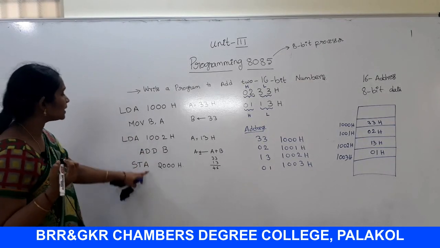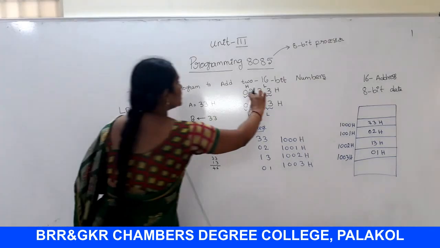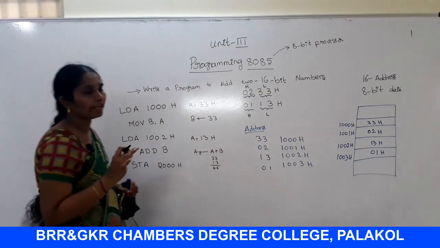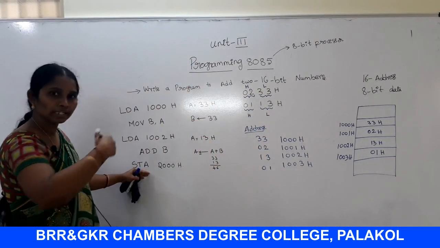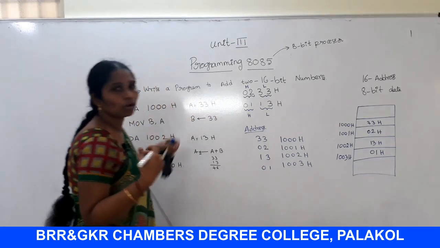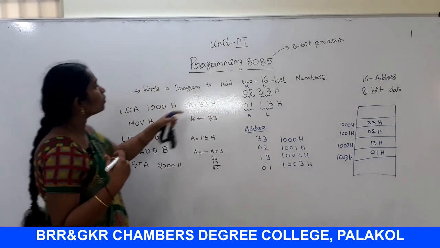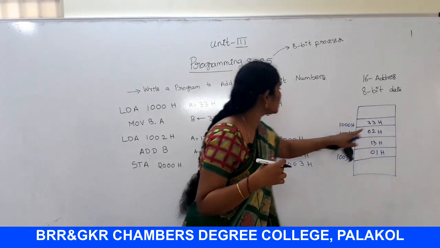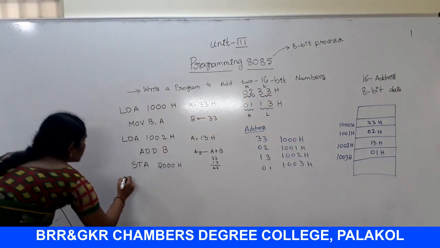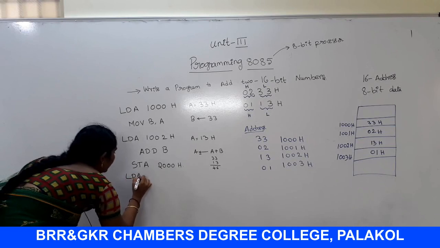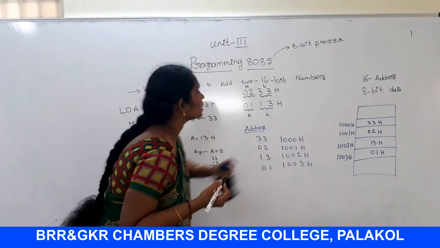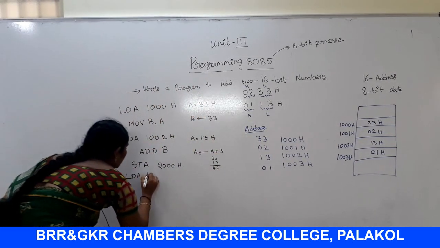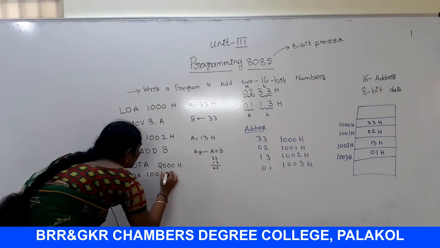So the lower order bits are added, and the same operation is repeated for the higher order also. Now we will load the next number. The next instruction is load, LDA, 1001H.